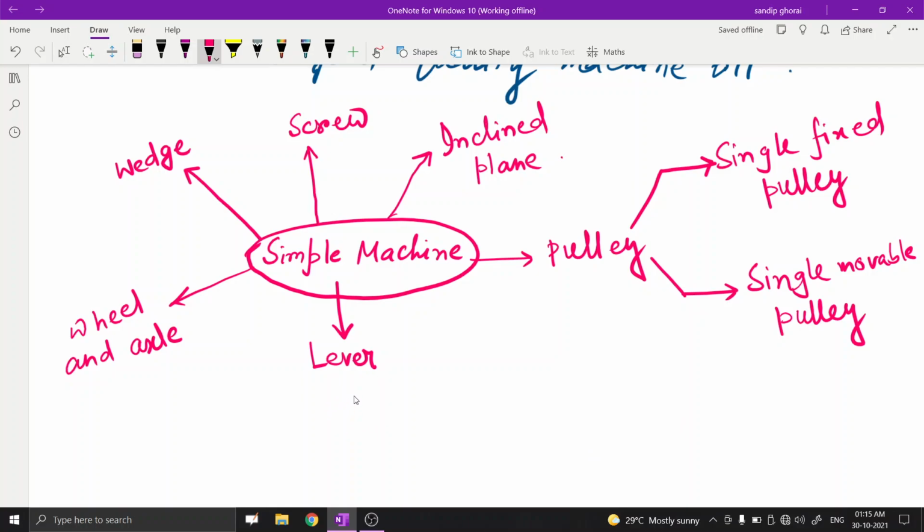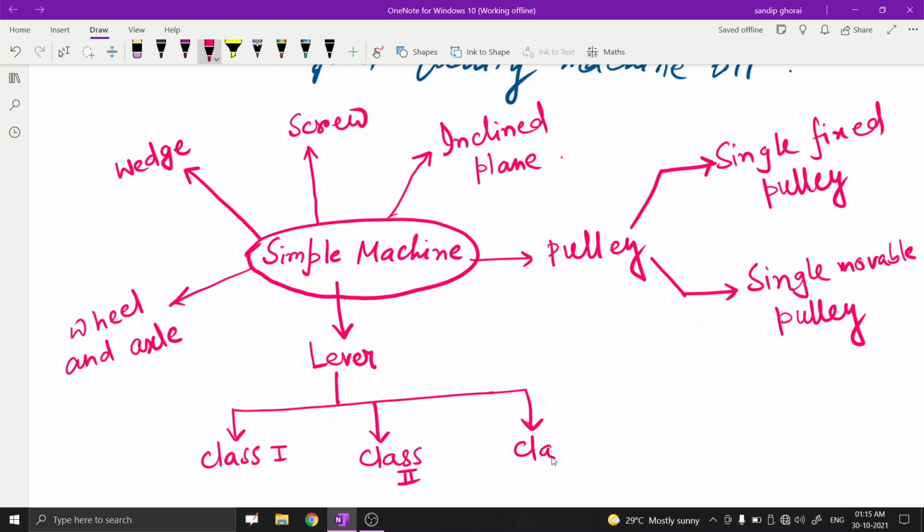And you already know there are 3 different types of lever. This is class 1, this is class 2, and the third one is class 3.